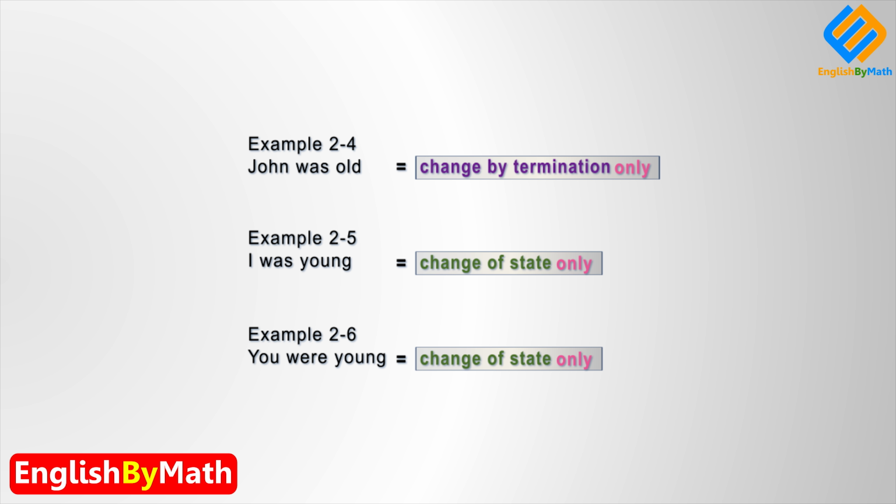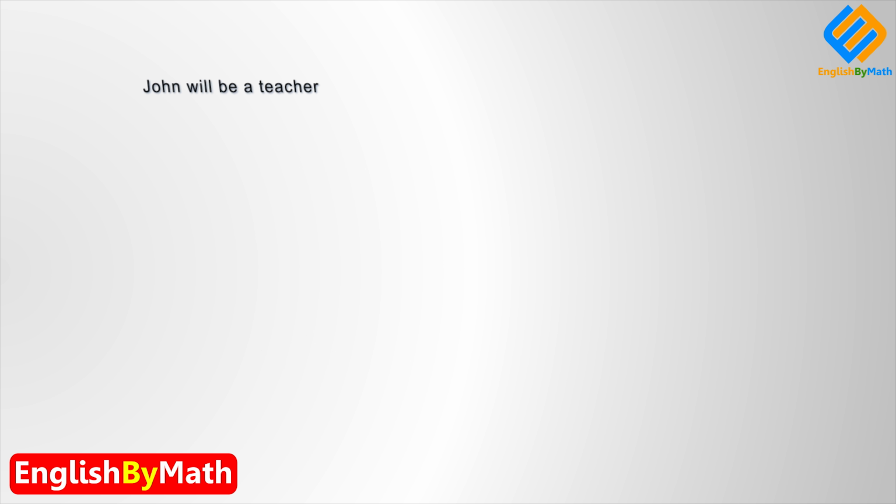Let's move on now to the future. John will be a teacher. This sentence means that John is now training to be a teacher, which means change of state. This change of state will come at some point in the future.